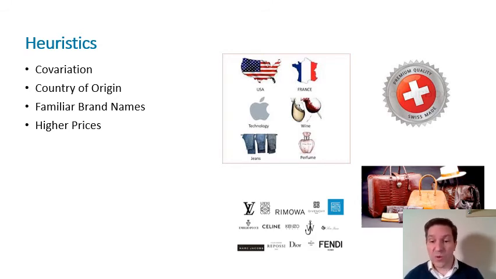Another heuristic that we use all the time, and I would say one of the reasons why marketing exists, is brand names. When we make a decision based solely on brand, we are assuming that because we have had good experiences with the brand, when they come up with a new product, there is a chance that the product is going to have the same features and attributes that the old products have.